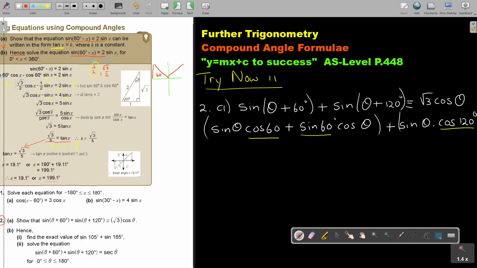Okay, so in this quadrant, it will be a half and square root 3 over 2. That's 60. But if it's this one, now you must just think. Remember, this is cosine. So what is cos in this quadrant? It's negative a half. But what is sin in this quadrant? It's positive, square root 3 over 2. Okay, so remember that from the unit circle.